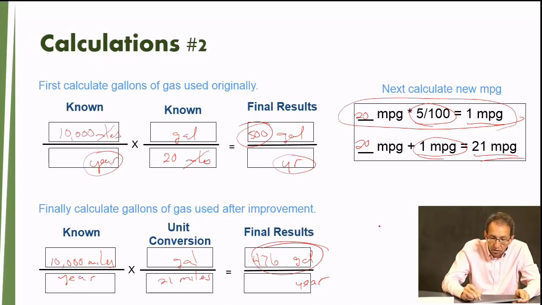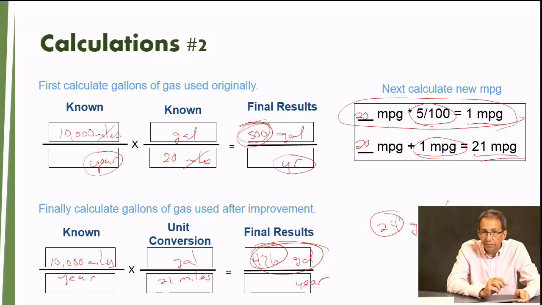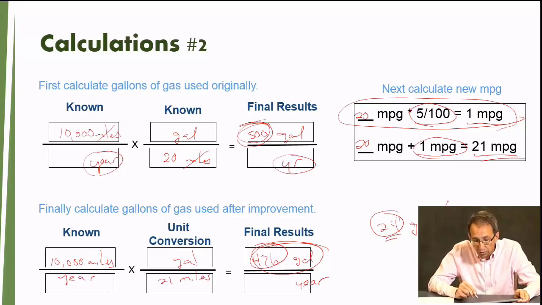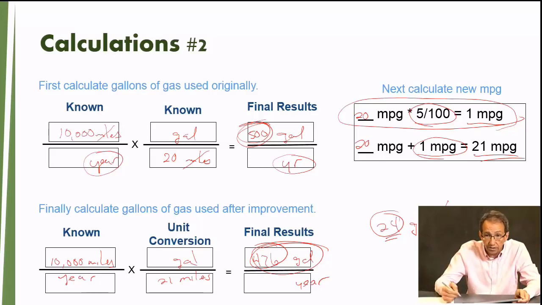So the difference is about 24 gallons per year because of my 5% increase. Do you get that? 24 comes from 500 that I was buying before to now I'm buying 476 gallons of gas. All right, so now I'm at 24 gallons saved of gasoline per year. You can multiply that out, and it's $2 a gallon or $4 a gallon. You can get the value of that gas savings.